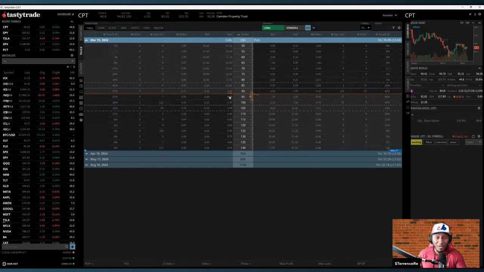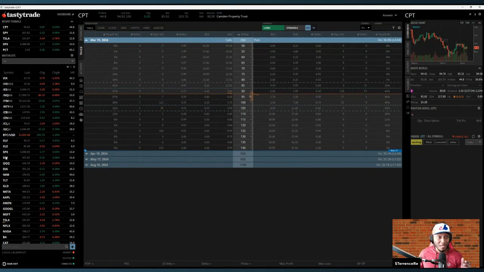The ask is $4 and the bid is 80 cents. So that means that for this call option, you could pay anywhere between $80 and $400. Really, really wide. On Friday, only 7 people traded. There were only 7 contracts bought or sold at this strike.